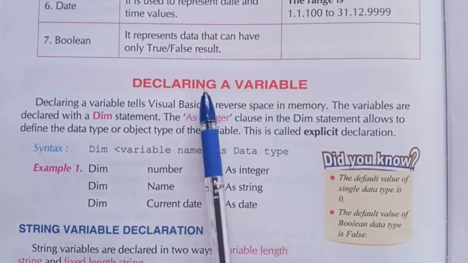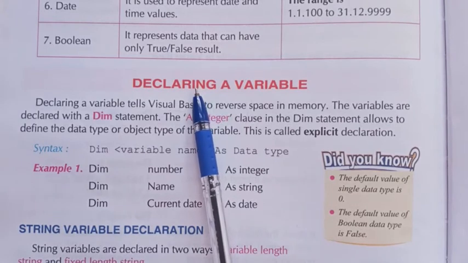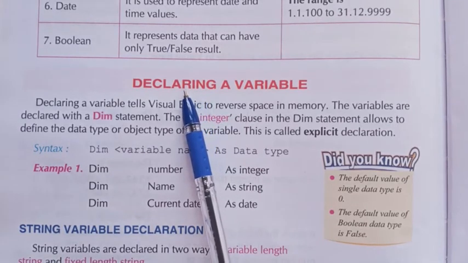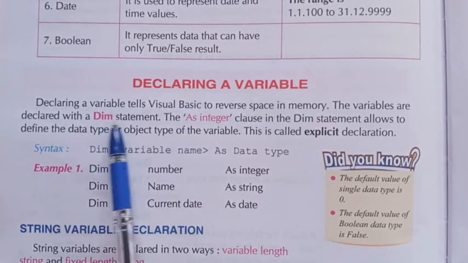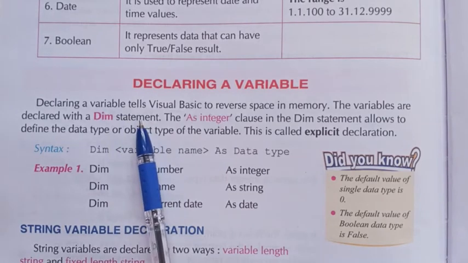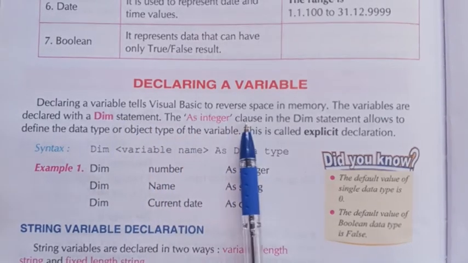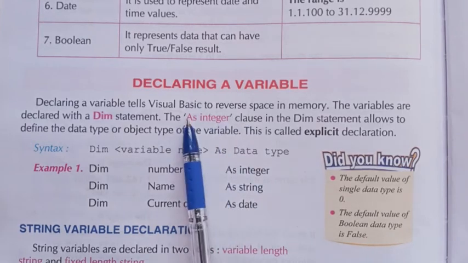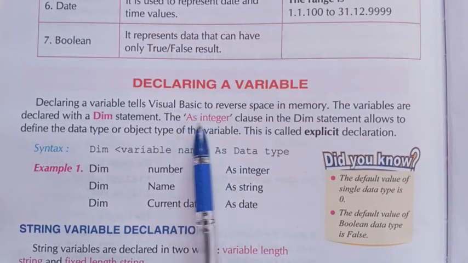To declare the variable, we make use of a special command known as the Dim command, or Dim statement. Along with the Dim statement, we make use of a clause called Integer.